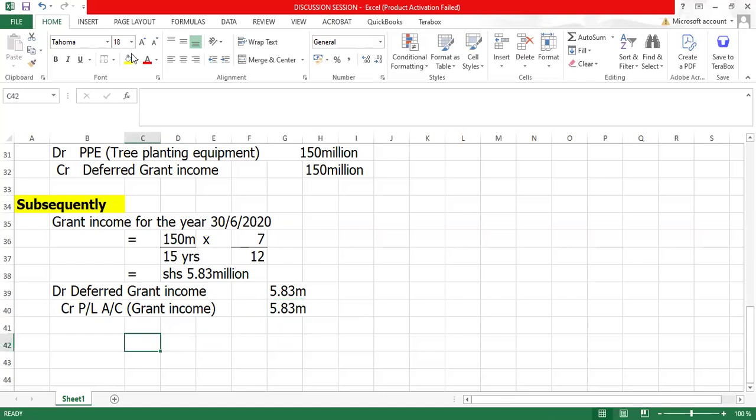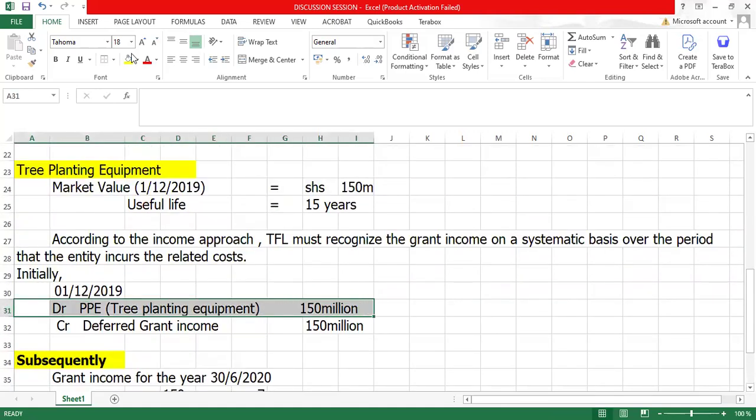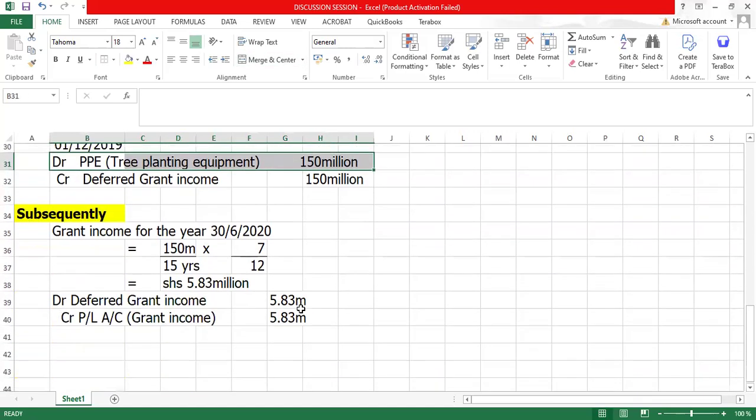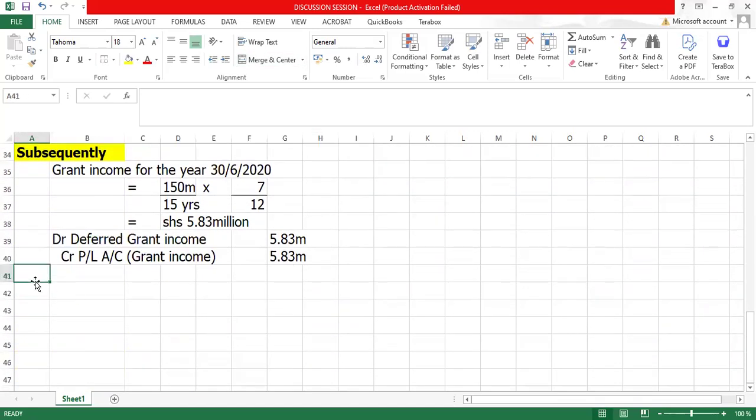But you see, we are dealing with an asset. Colleagues, because we are dealing with an asset, we must also depreciate. And at the same time, we must get the carrying value as at the date we are preparing the balance sheet. So subsequently, you need to depreciate. We need to get the depreciation expense.